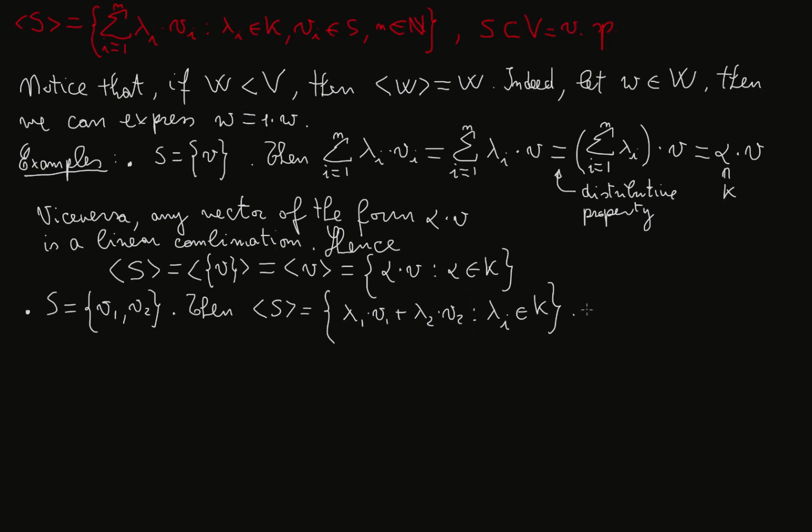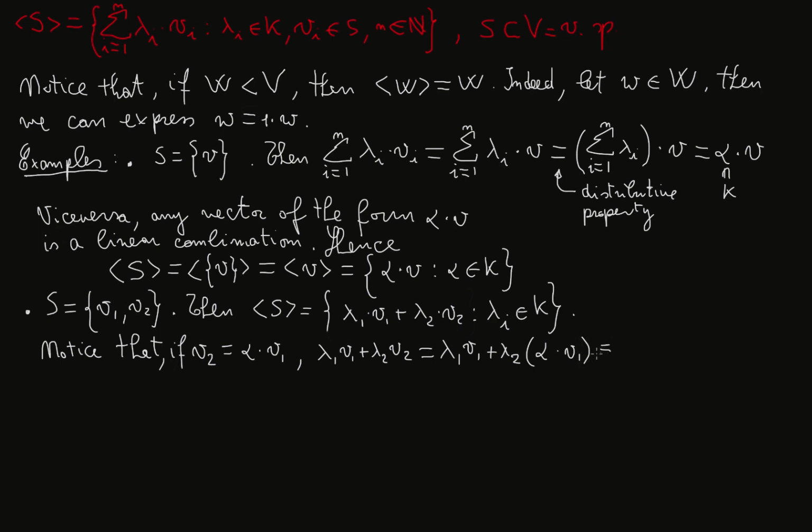So notice that if v2 equals alpha v1, then lambda 1 v1 plus lambda 2 v2 can be rewritten as lambda 1 v1 plus lambda 2, and then we substitute for v2 this expression, alpha times v1.